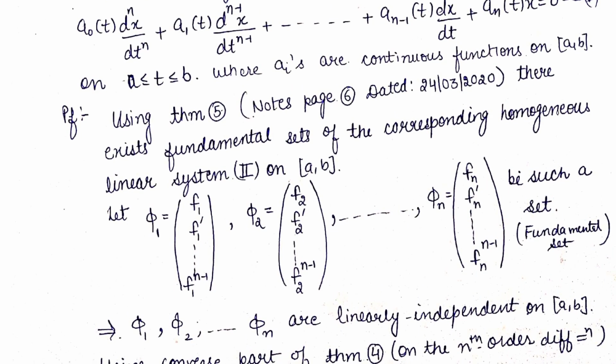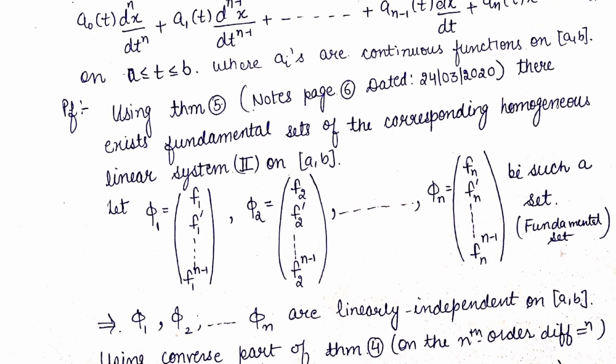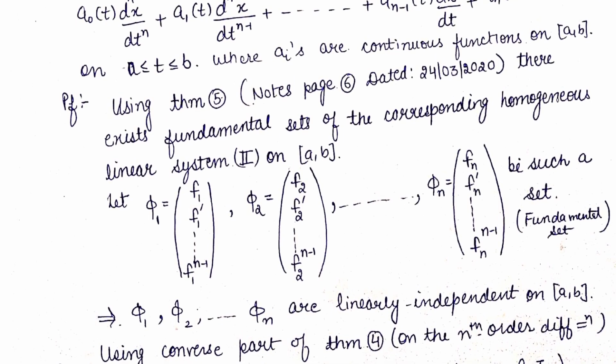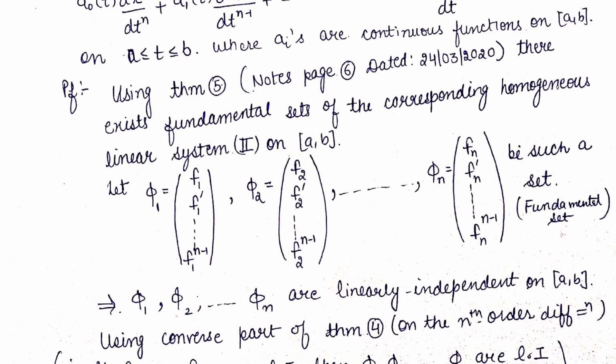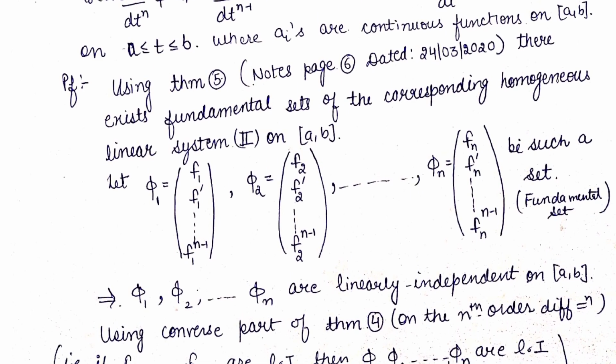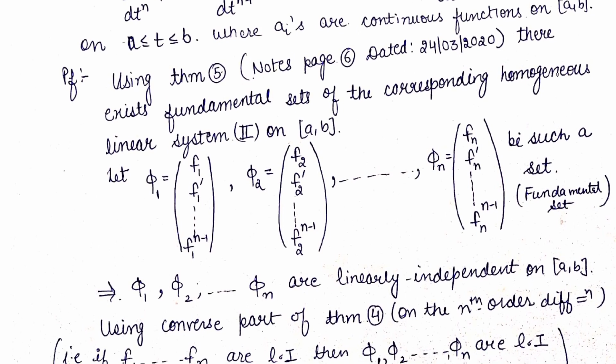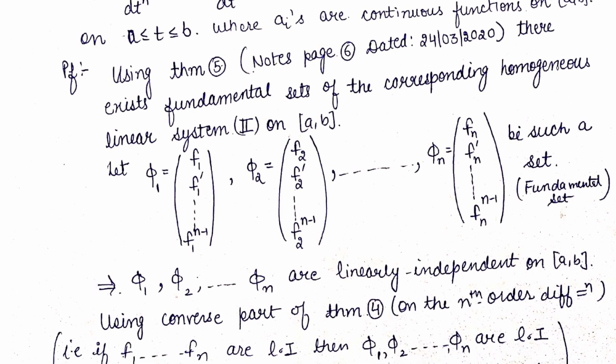So this implies that phi 1, phi 2, phi n are linearly independent because it is a fundamental set for the system 2.